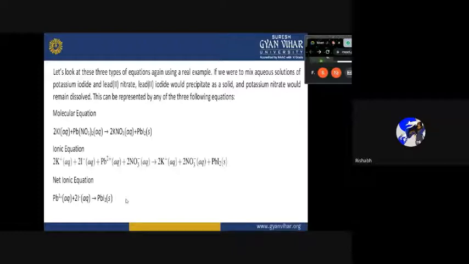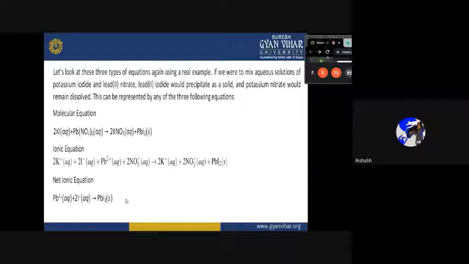When they react, they produce new compounds like KNO3, that is potassium nitrate in the aqueous state, that is in the dissolved state, and another product, lead iodide, that is the precipitated or solid product.